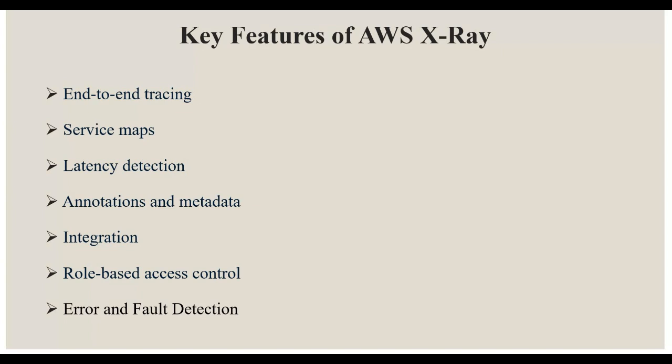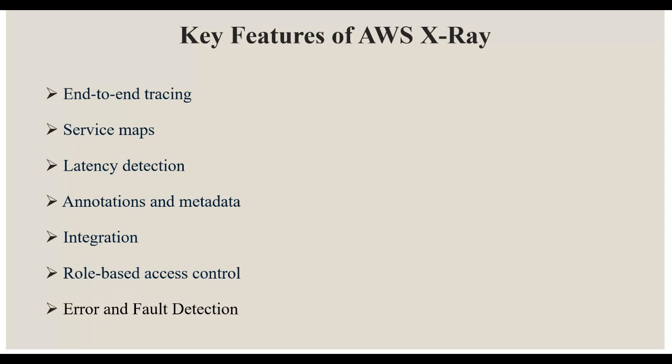The next is role-based access control. It controls who can access the traces and how. We can easily identify the controls for who can access the traces and how they can access them. The next is error and fault detection. X-Ray helps detect the errors and faults in your applications by showing traces where failures or exceptions occur.